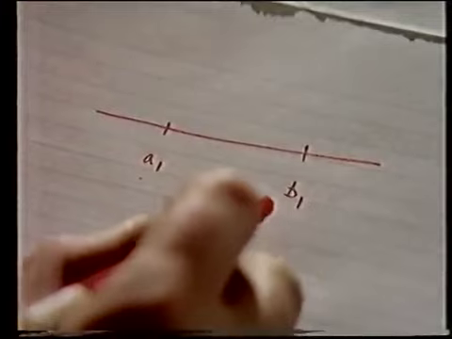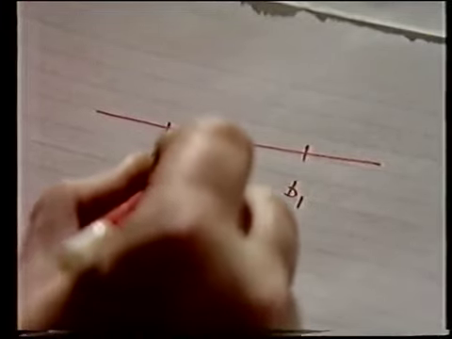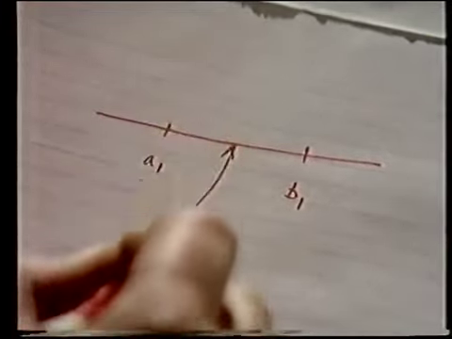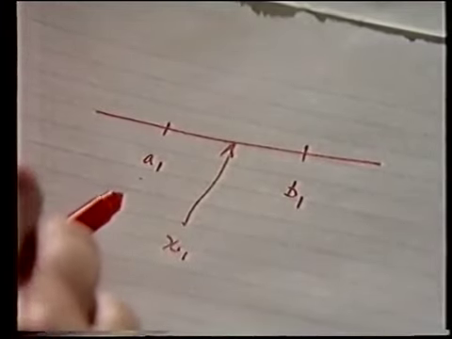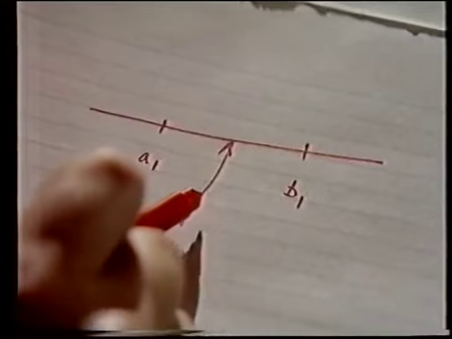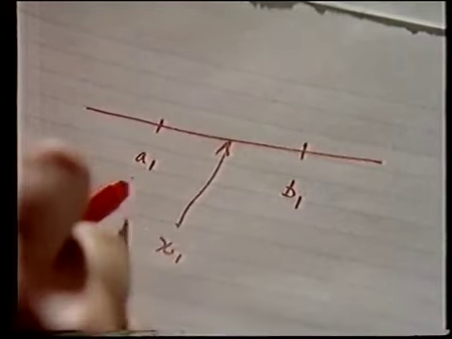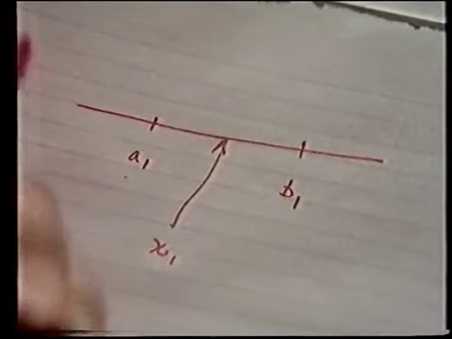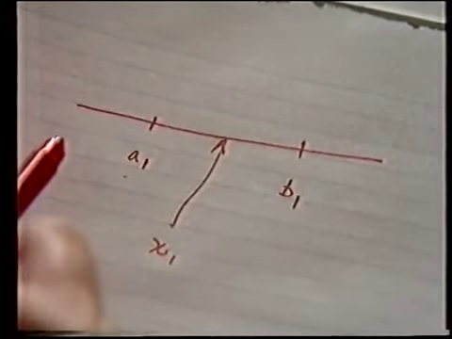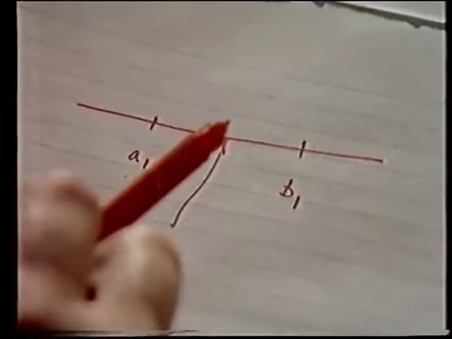We start off with an interval a1, b1 in which we know there is a solution. Then we choose as our first approximation x1, the midpoint of that interval. Then we have to decide whether the solution lies in the right-hand or the left-hand half of the interval, and that's what we use for the next step, and so on, and we gradually home in on the root.